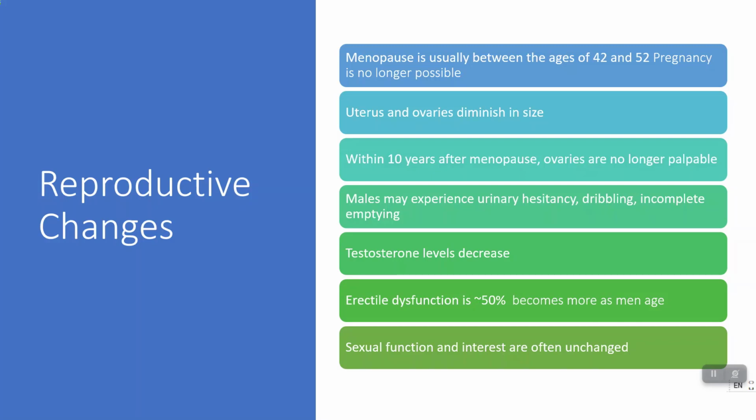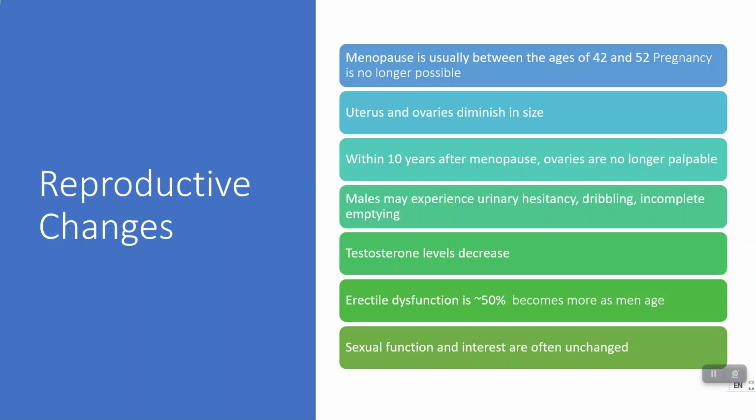In men, the changes in the reproductive system are less dramatic. Most men remain fertile until death, even though testosterone levels decrease, resulting in fewer sperm and a decreased sex drive, or libido. Most men can continue to have erections and reach orgasm throughout life. However, erections may not last as long or may be slightly less rigid.